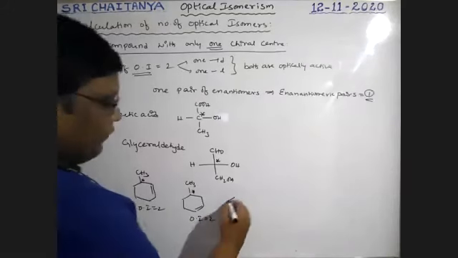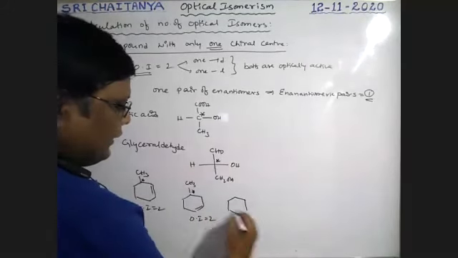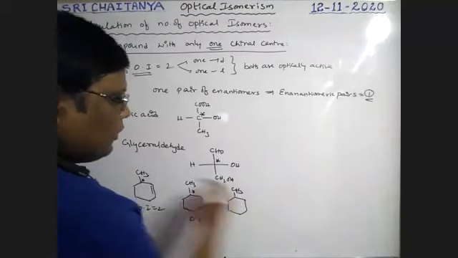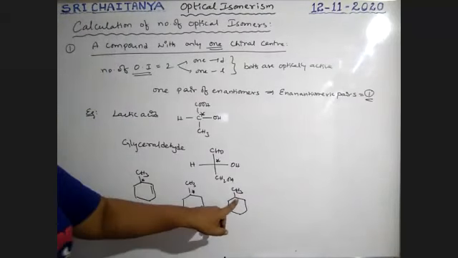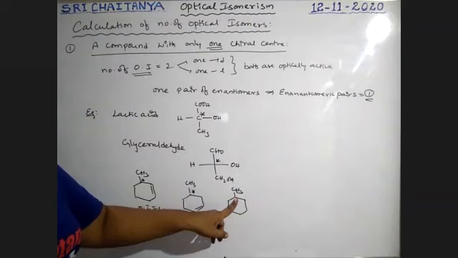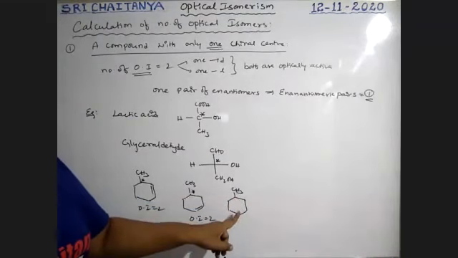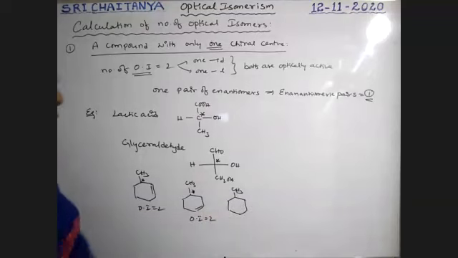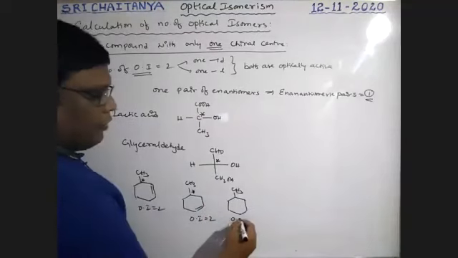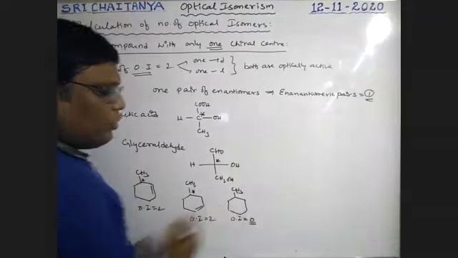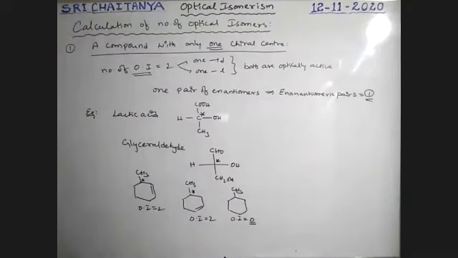For example, if I am taking a compound like this, see here, boys. Is this carbon a chiral carbon or not? It is not a chiral carbon, because this sequence and this sequence are the same, and the pathways are the same. Therefore, it is not chiral, so optical isomers is equal to 0. No chiral center is there.